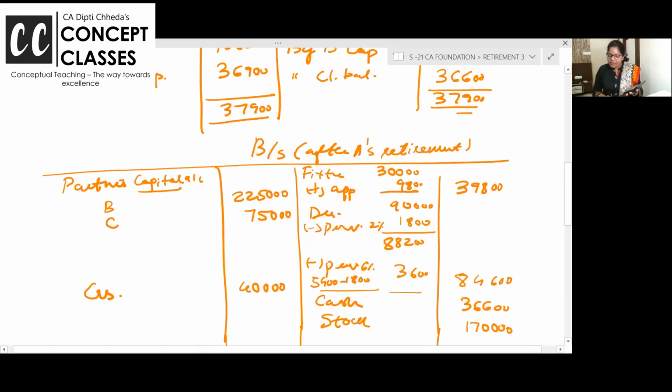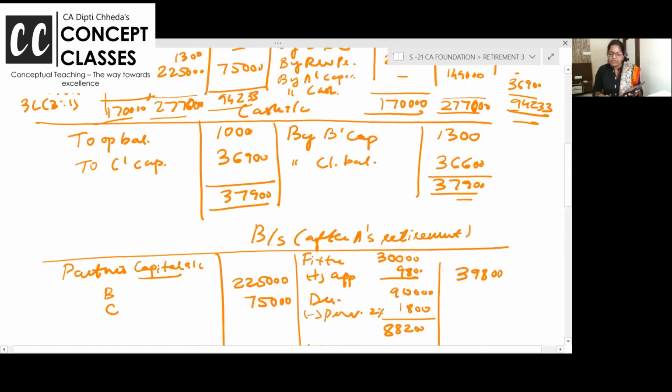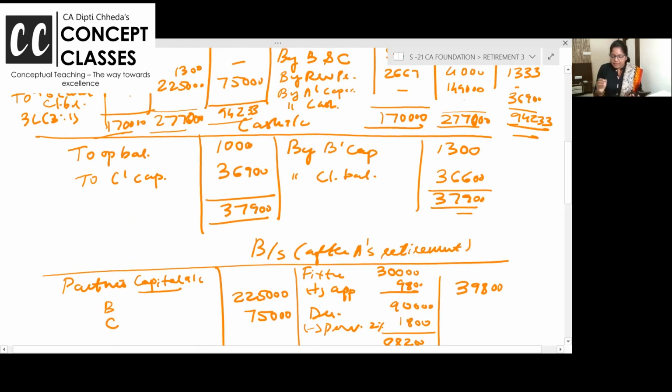Why is there a mismatch in cash? Is there a mistake in the cash calculation? Really sorry, the opening cash is 10,000, not 1,000. Please change the totals.